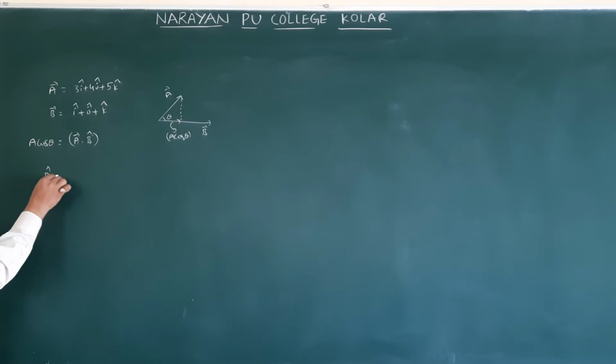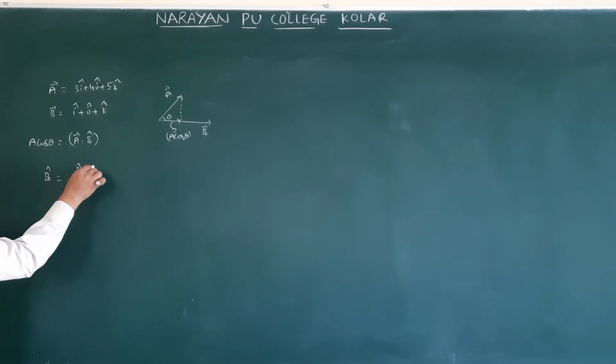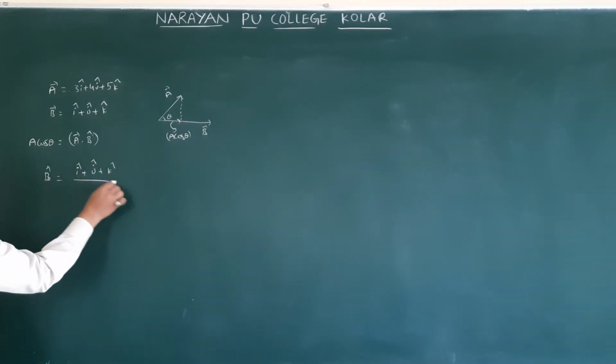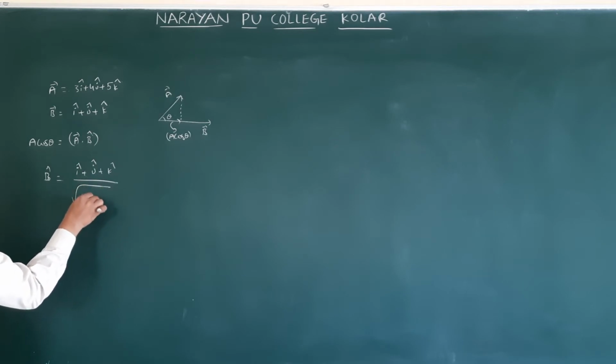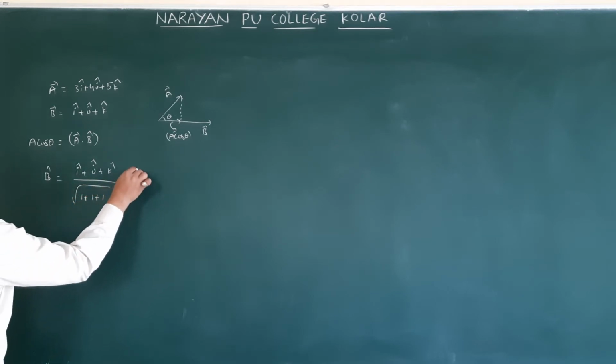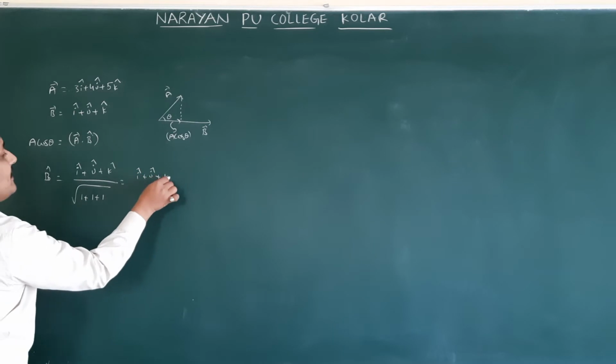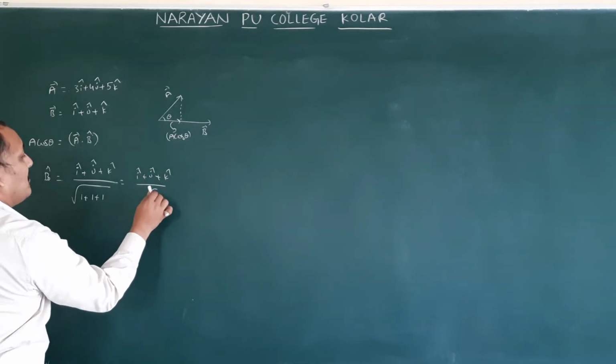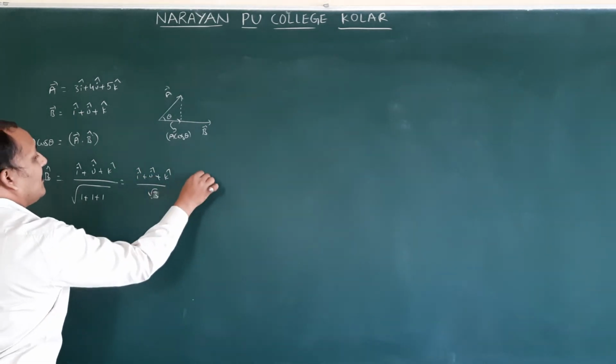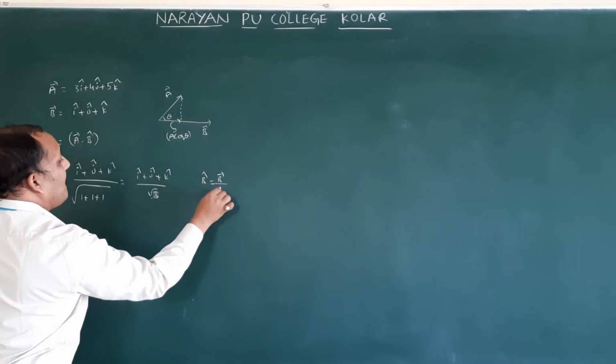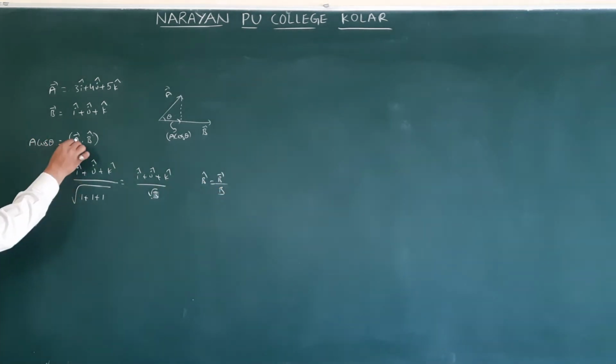B cap is equal to I cap plus J cap plus K cap by root 1 square plus 1 square plus 1 square. Therefore, I cap plus J cap plus K cap by root 3, because B cap is equal to B bar by B. Substitute.